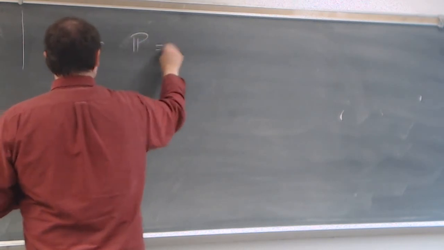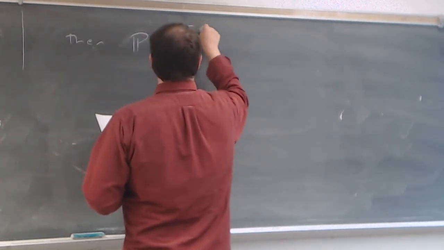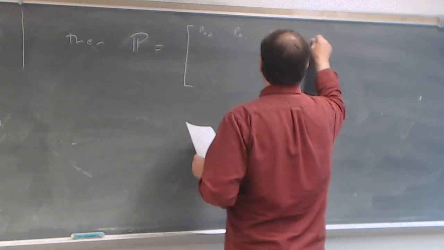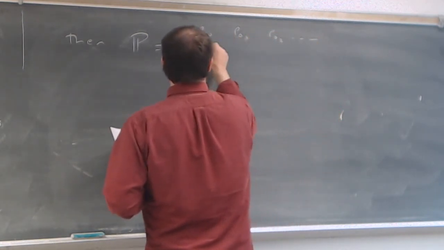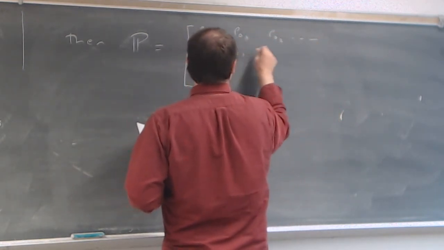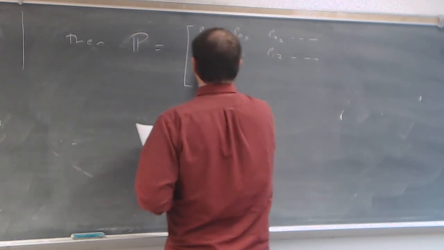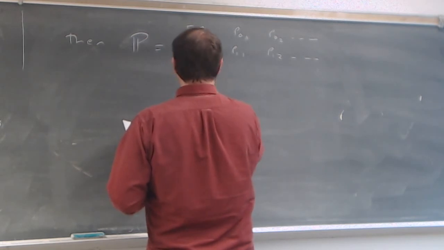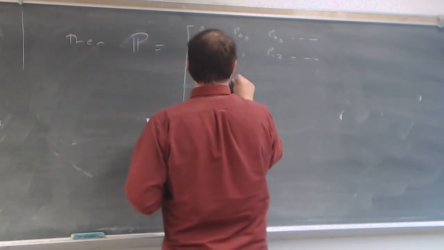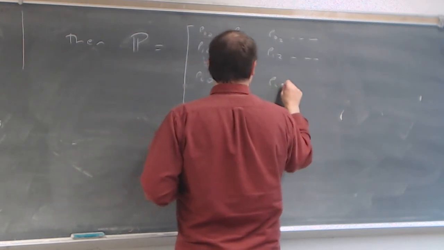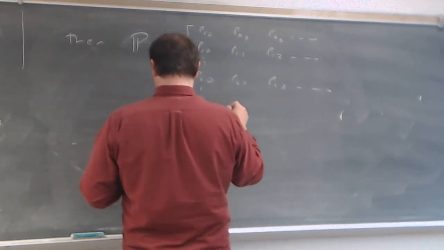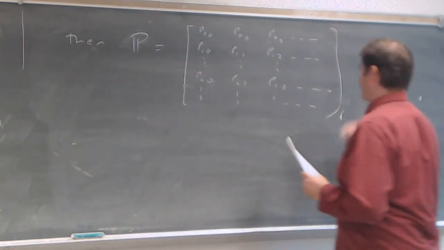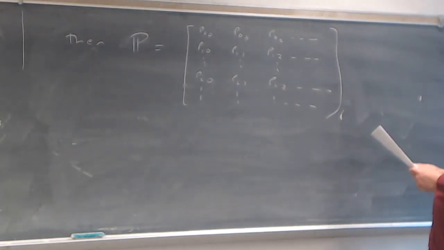Script P equals P sub 0,0, P sub 0,1, P sub 0,2, forever like this, P sub 1,0, P sub 1,1, P sub 1,2, forever like this, and maybe we have P sub i,0, P sub i,1, P sub i,2, forever in this direction, forever down.